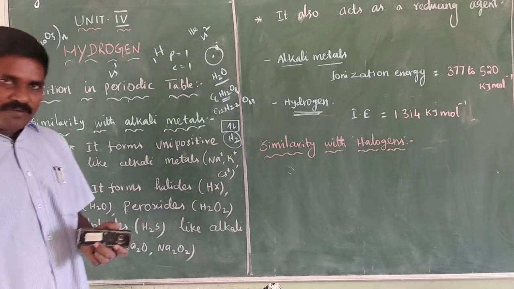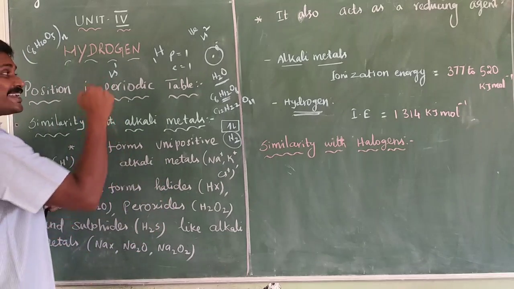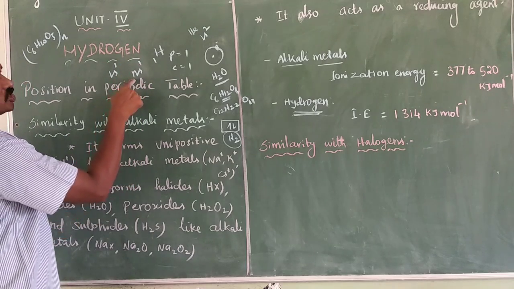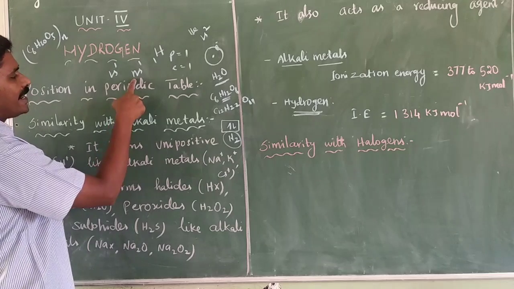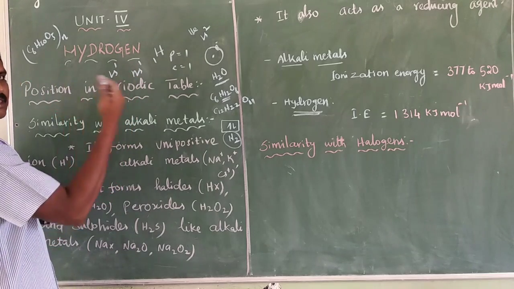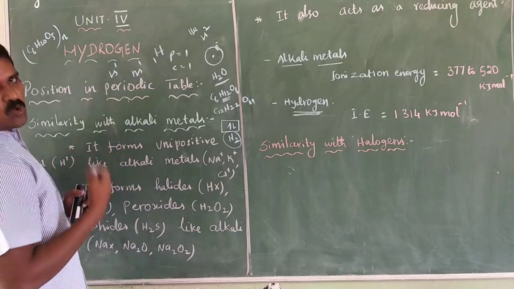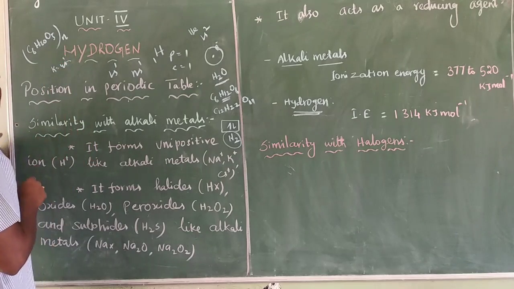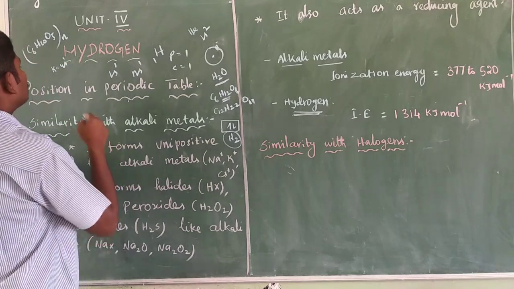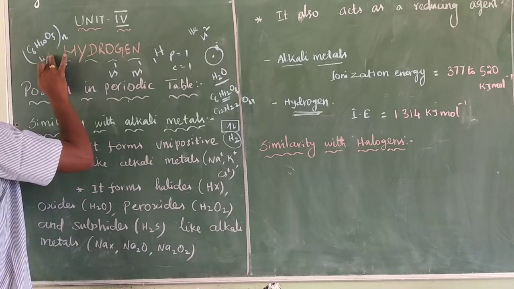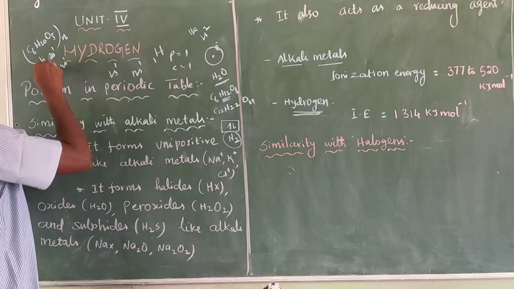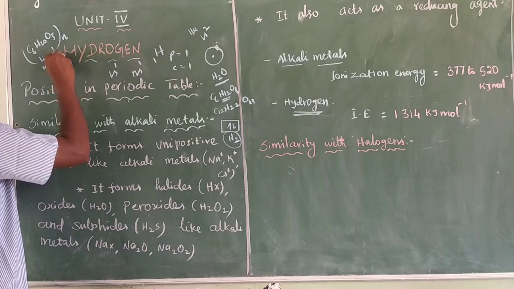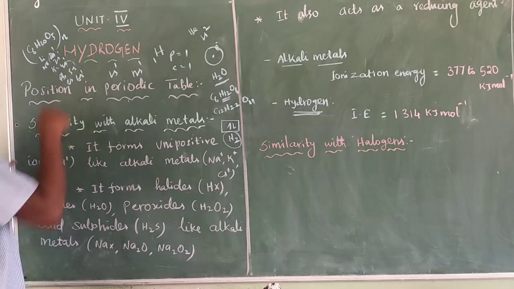The electronic configuration of hydrogen is 1s1, which resembles the alkali metal electronic configuration, ns1. The valence electronic configuration of alkali metals is ns1. For example, lithium 2s1, sodium 3s1, potassium 4s1, rubidium 5s1, cesium 6s1.